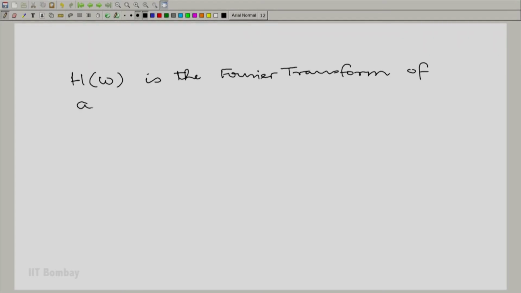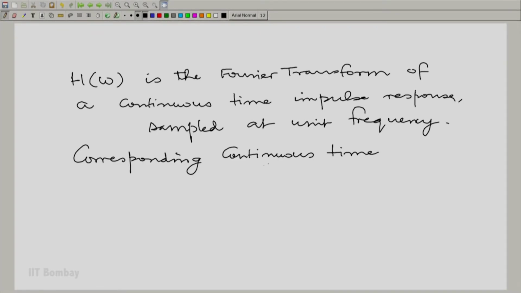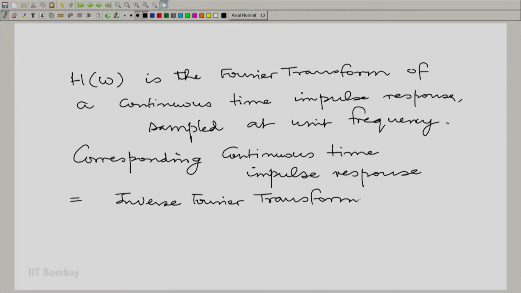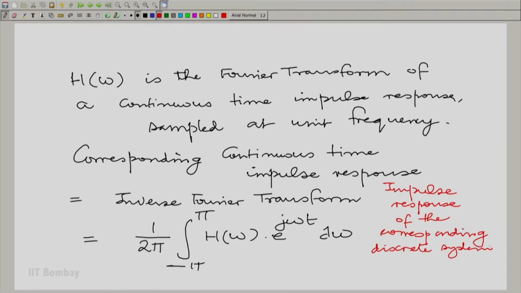You are saying essentially, and therefore, the corresponding continuous time impulse response is the inverse Fourier transform, which is, and now we can get the discrete sequence or the impulse response of the discrete system by replacing t by integer values here.